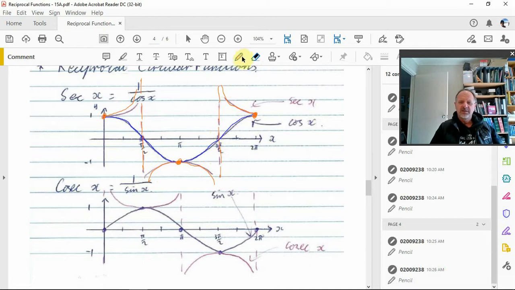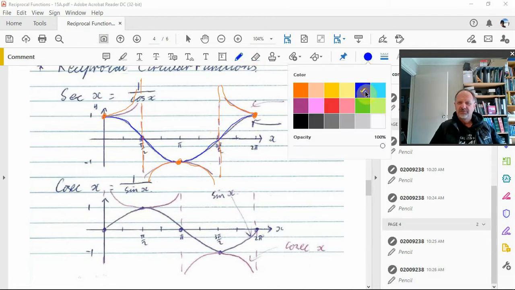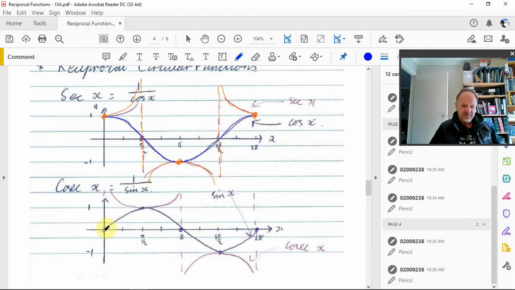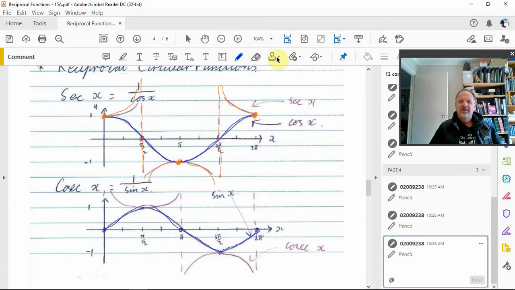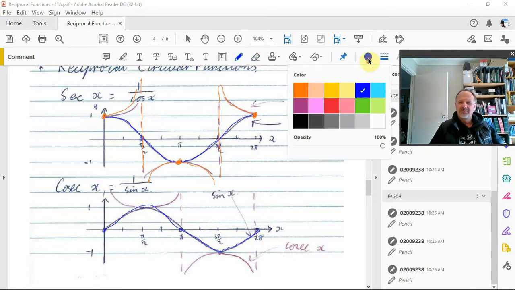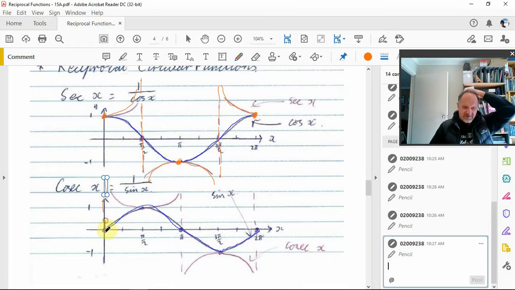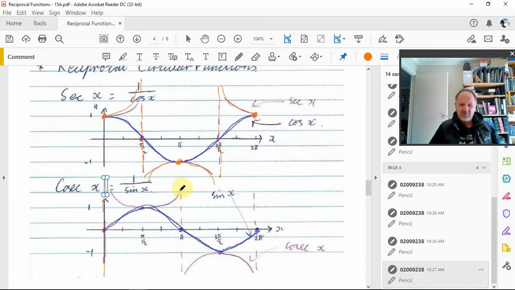All right, we can look at a similar thing for sine. So sine starts here, goes like so. There's our one cycle of our sine x. And using the same sort of analysis, 1 over 0, wherever the y value is 0, is where we get our asymptotes.